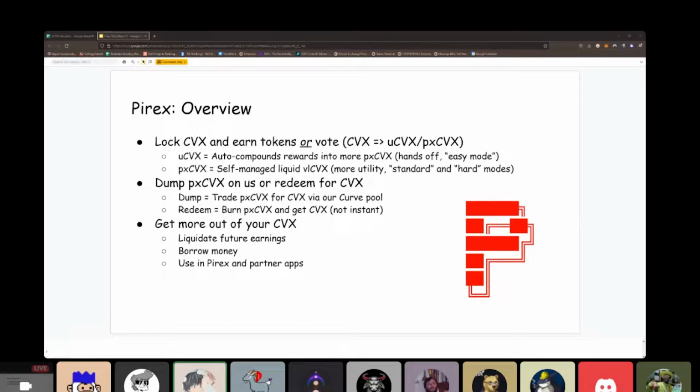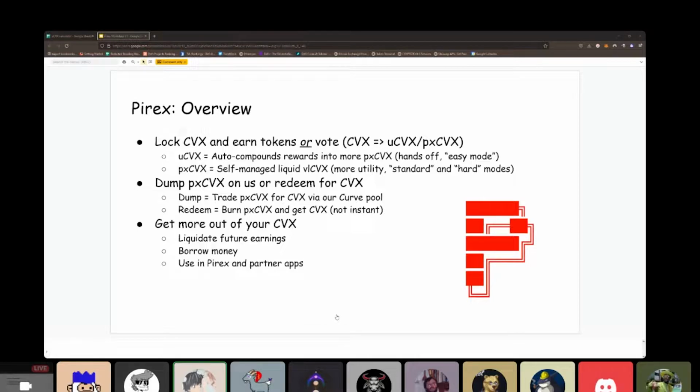When you lock your CVX, you can get two types of tokens. One of them is UCVX, which is a Union CVX token. You deposit your CVX, and as rewards are collected, those rewards are turned into more CVX. Or you could get PXCVX, which is a self-managed version of the VLCVX.